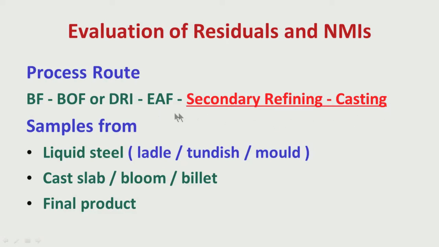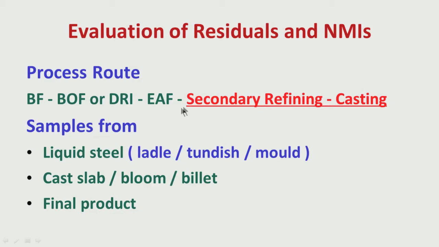continuous casting. So, before that comes secondary refining, which is actually the ladle metallurgy part of the steel, where you can do a lot of refining, a lot of quality improvement in steel. We have two broad categories, either blast furnace BOF route or direct reduction iron, which is also known as sponge iron, and electric arc furnace route.